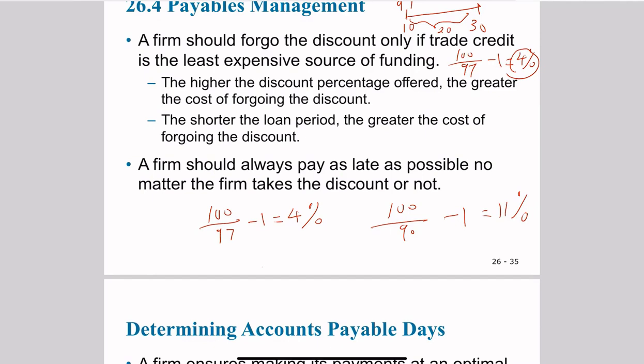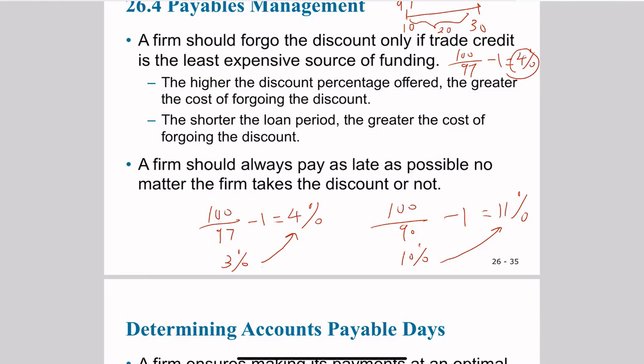So this tells you that if the discount is 3%, the cost of foregoing this discount is 4%, and if the discount is 10%, then foregoing the discount will have an interest rate cost of 11%. So this tells you the higher the discount rate, the larger the cost of foregoing the discount.